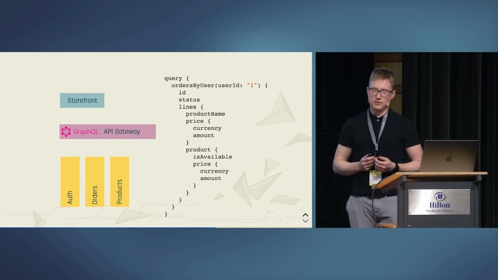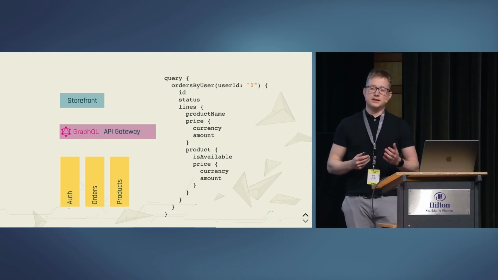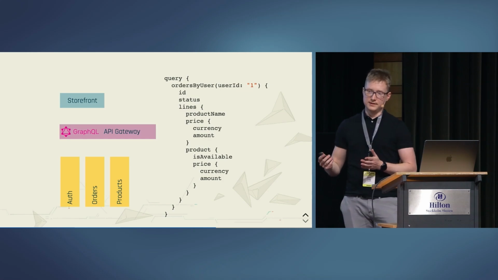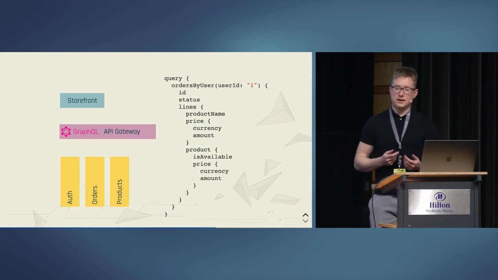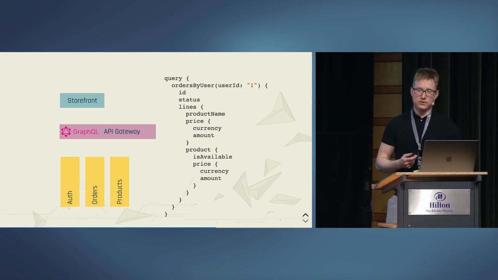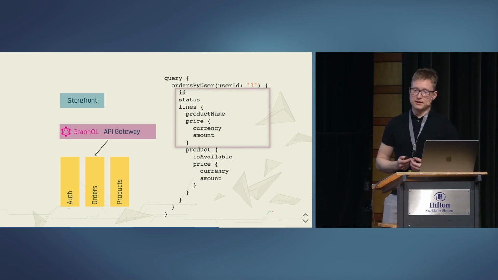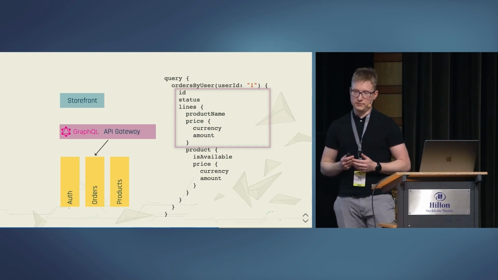In that example, we will be displaying a list of orders placed by a given user by providing the user's ID. Each order has order lines, so the list of items that were ordered, and that information will originate from the order service, because it's the single source of truth of what has been ordered.